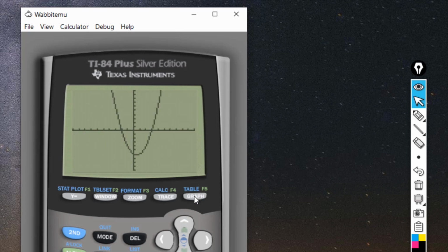If I hit graph here, notice there's negative 2 right there and there's 3 right there. Notice that between negative 2 and 3, the graph is below the x-axis. So the y value is negative.